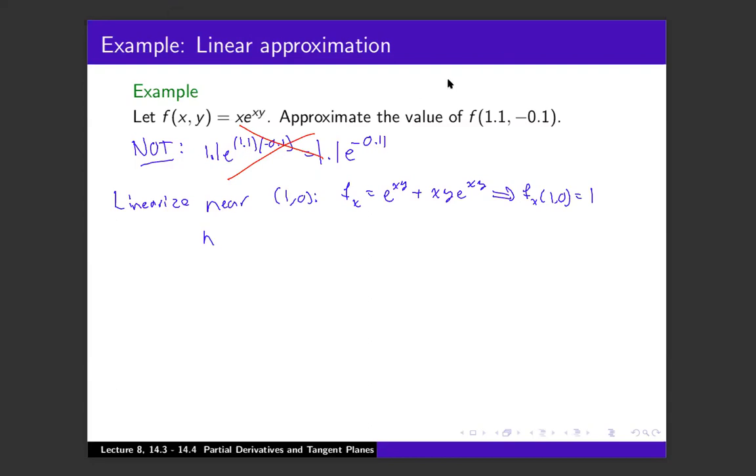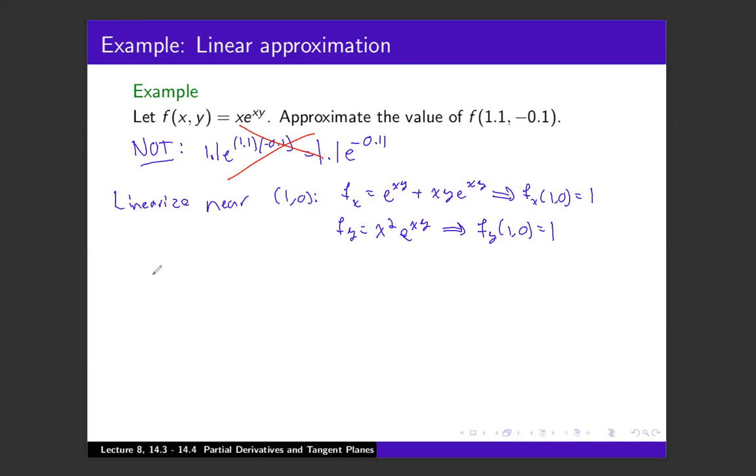Meanwhile, we have f_y, which is, excuse me, that's not correct, x squared e to the xy, which means f_y(1, 0) is also 1.